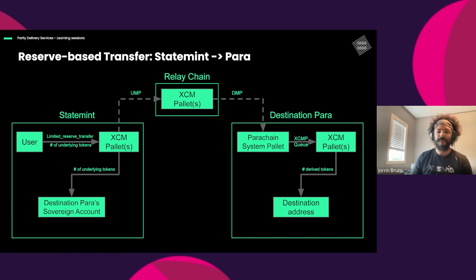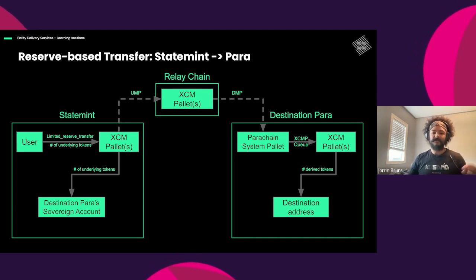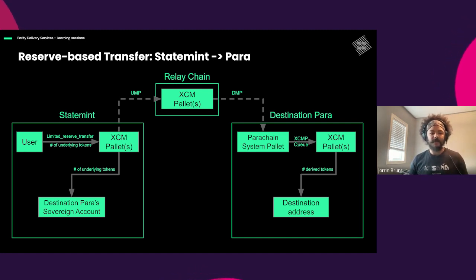So this destination parachain, through the process of setting up a bidirectional channel between Statemint and itself, creates a sovereign account that is inaccessible to it, but is a place where we can keep account of how many tokens have been sent to this destination parachain.